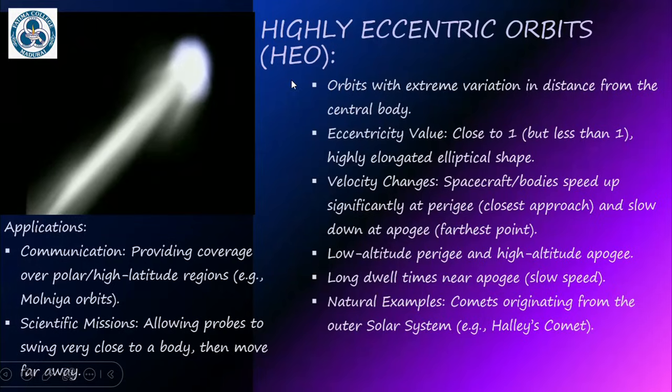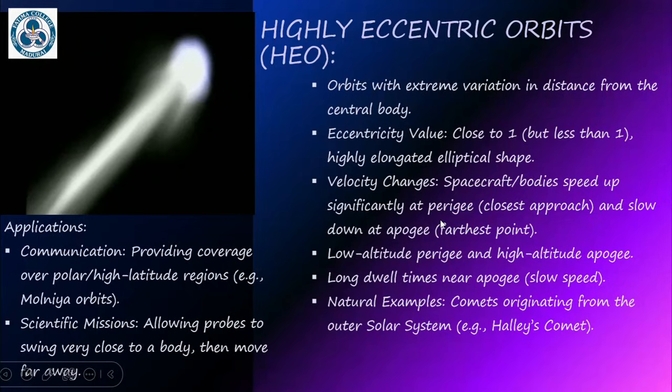Finally, we have highly eccentric orbits, also abbreviated as HEO. Note this is a different meaning of HEO than high Earth orbit used earlier, so always check the context. A highly eccentric orbit is a very stretched ellipse with eccentricity close to 1 but still less than 1. Here the satellite speeds up at perigee, the closest point to Earth, and slows down at apogee, the farthest point.